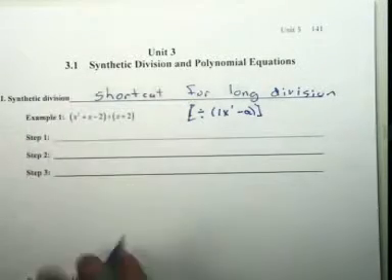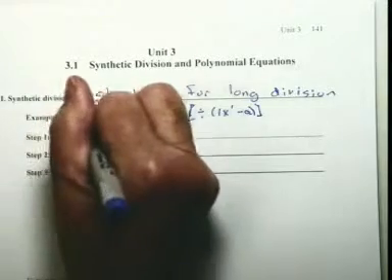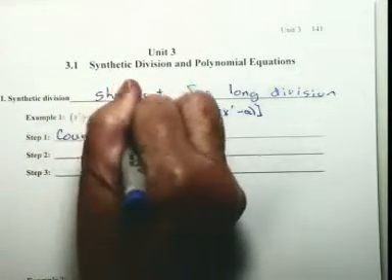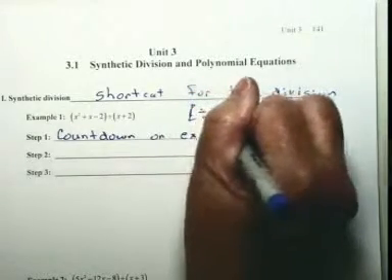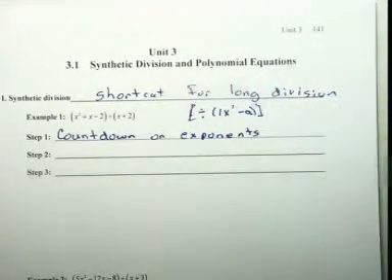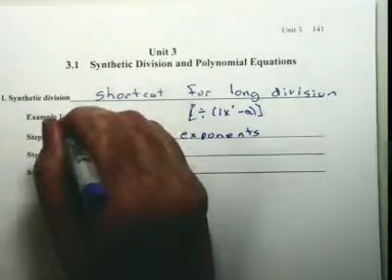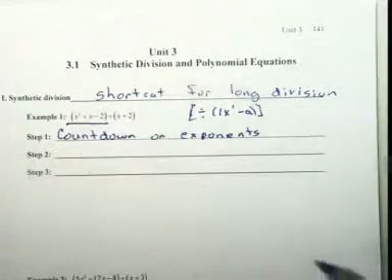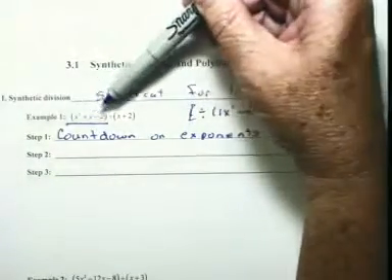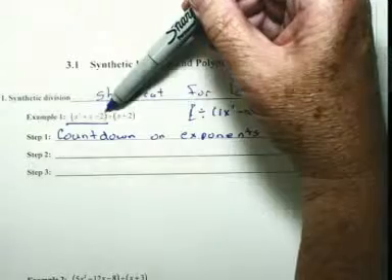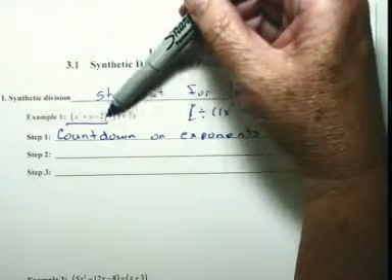The first step to synthetic division is we do a countdown on the exponents. Whatever polynomial I'm dividing into, it has to be in order where I can go 2, 1, and then 0. We have to have a number on the end with x to the 0 power, or no x.